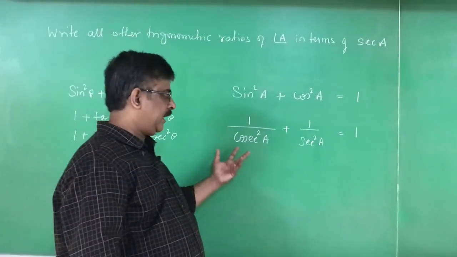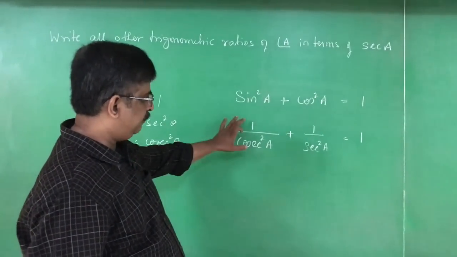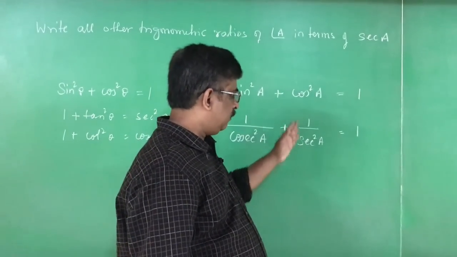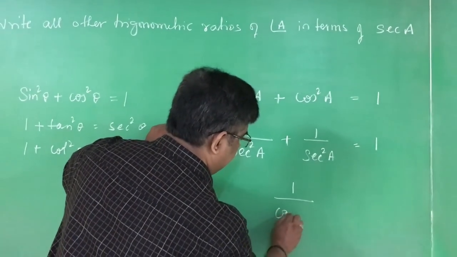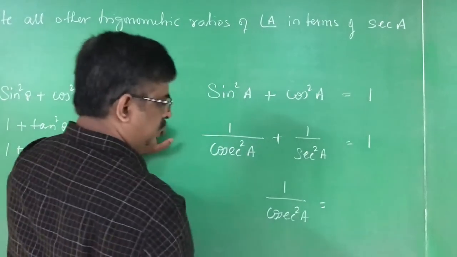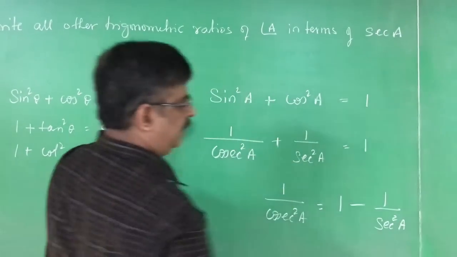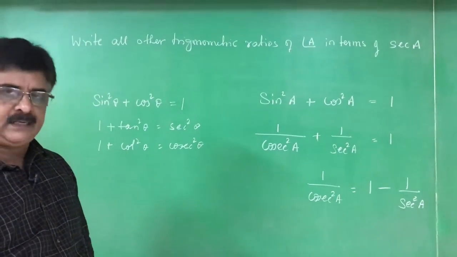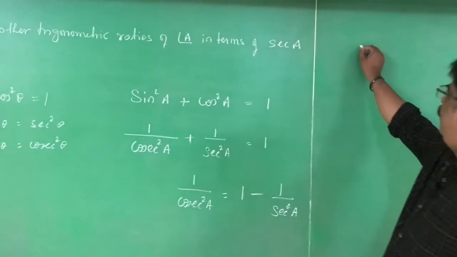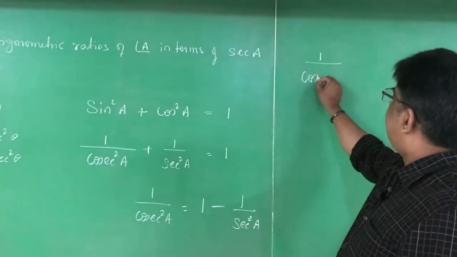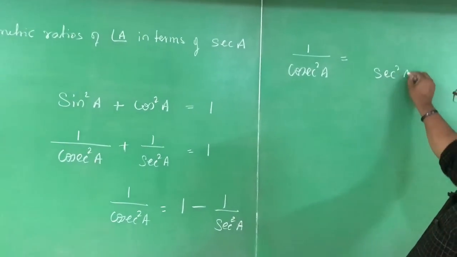Now I want cosecant square A and secant square A. I wanted to find the relation. What I do is, I keep this one as it is. I transfer 1 by secant square to RHS. Therefore, it becomes 1 by cosecant square A equals 1 minus 1 by secant square A. Then I take the LCM of these two and simplify this. 1 by cosecant square A is equal to secant square A is the LCM.